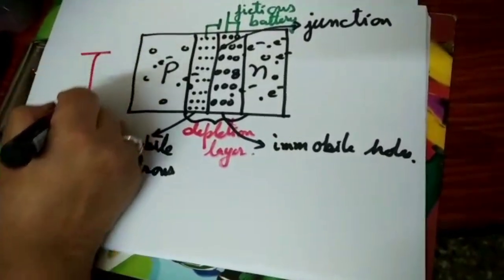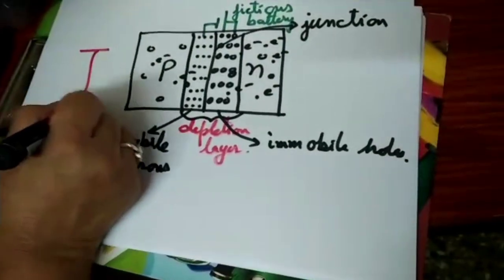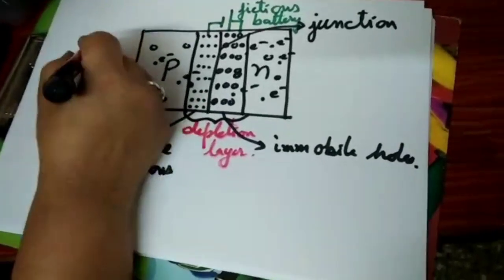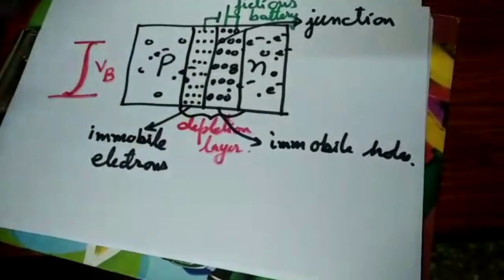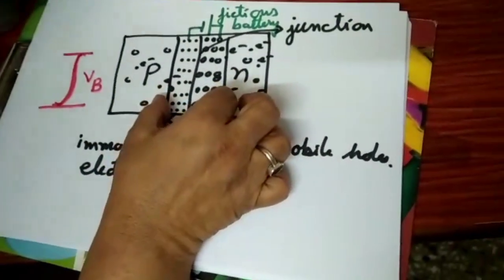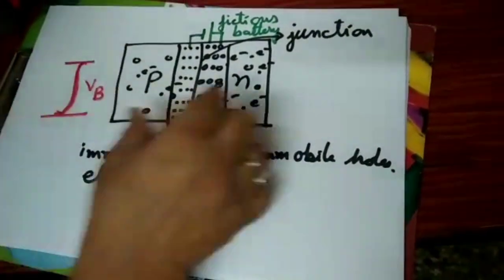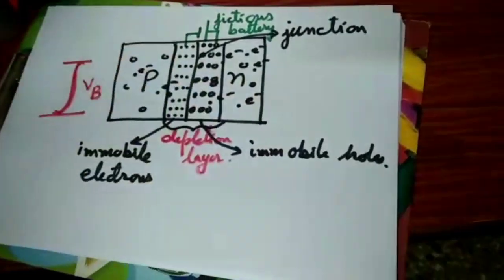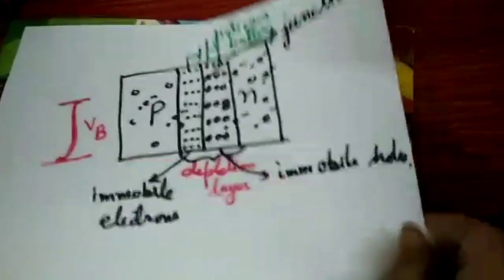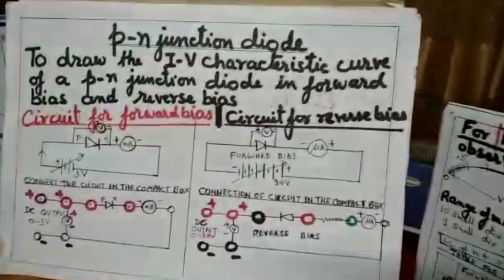We can say this depletion layer can be represented also by VB. This is called the potential barrier. Due to this potential barrier, the electron movement stops. Now what will we have to do to start the movement again?